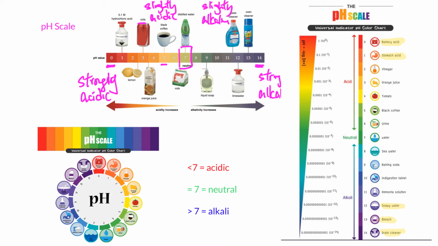These will have very high concentrations of H plus and OH minus. Right there, you can see the pH 0, pH 1 and pH 2, the concentration of H plus will decrease by 10 times each step.